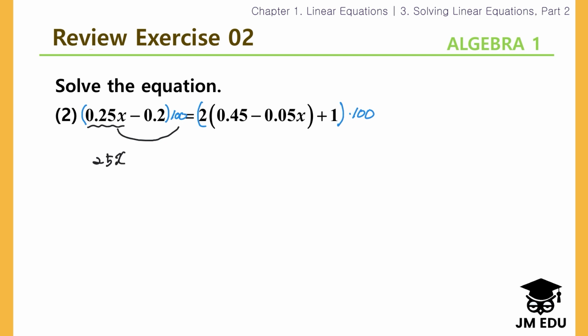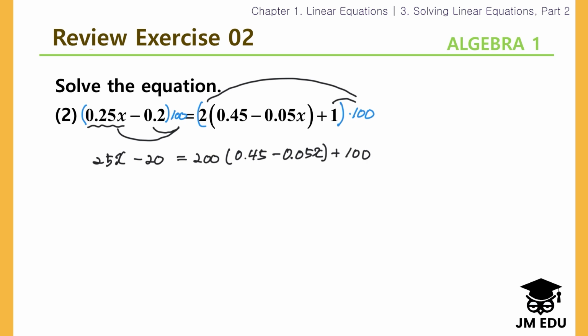And minus 0.2 times 100, that's minus 20, is equal to, here we have 2 times 100, that's 200. And we have this parenthesis. Let me rewrite it. 200 times 0.45 minus 0.05x. And we have 1 plus 100, that's just 100.